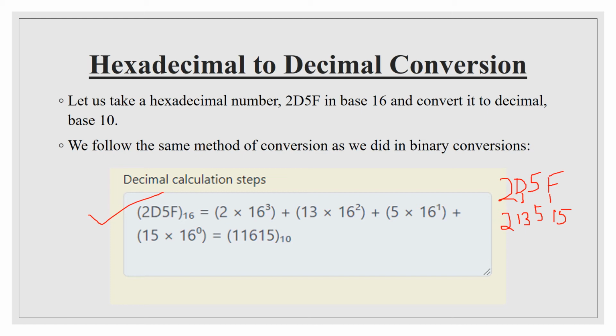So in order to convert hexadecimal to decimal, we have to multiply each digit present in the hexadecimal brackets with 16: 2 into 16, 13 into 16, 5 into 16, and 15 into 16. After doing this, we will give power from the right hand side to all the brackets present here. After summing up all of these numbers, we will get these digits in decimal base 10.